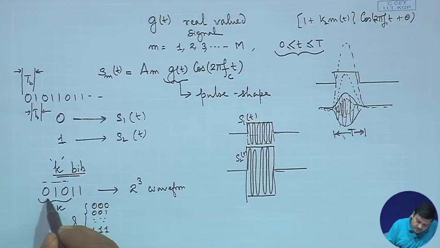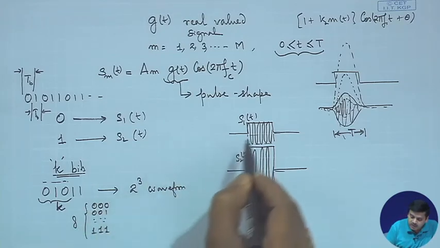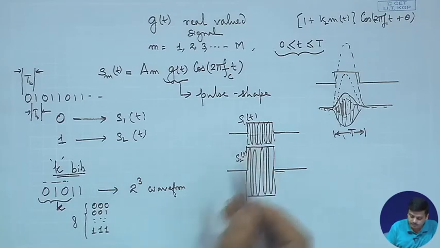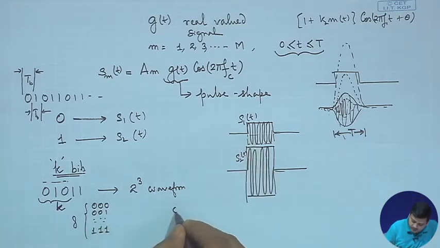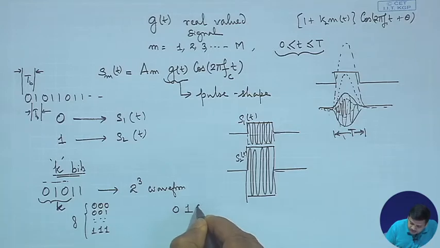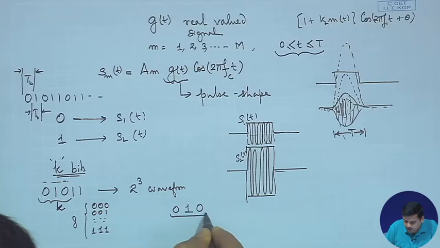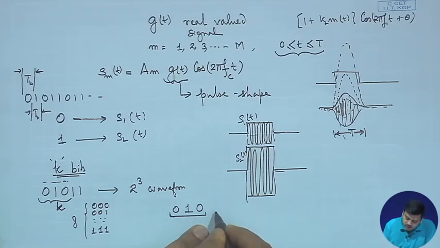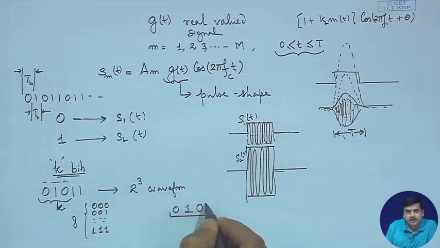Once you have waited for these 3 bits, or k bits, and formed this k bit word or symbol, you can select a particular waveform. So, you get a bit, you wait, you get the second bit, you wait, and till the end of the third bit you wait. In this interval you have formed a word consisting of 3 bits. The next word will again take this much duration of time.